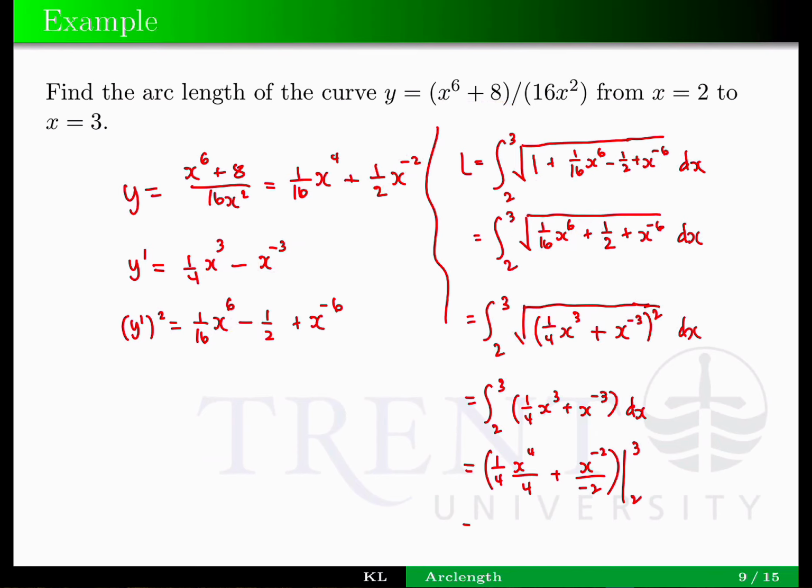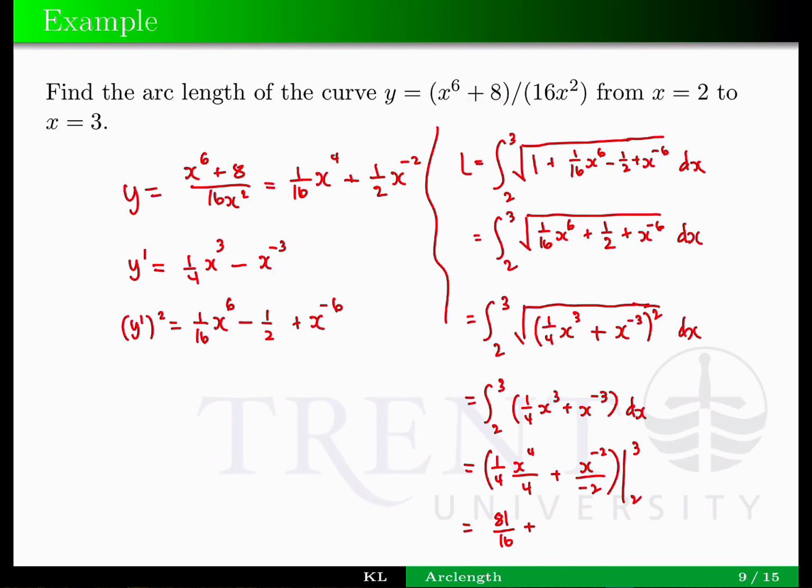which means at x equals 3, what do we get? 3 to the power 4, that's 81. 3 times 3, that's 9, but that's 3 squared. So 3 to the power 4 is 9 squared, which is equal to 81 over 16 plus x raised to negative 2.